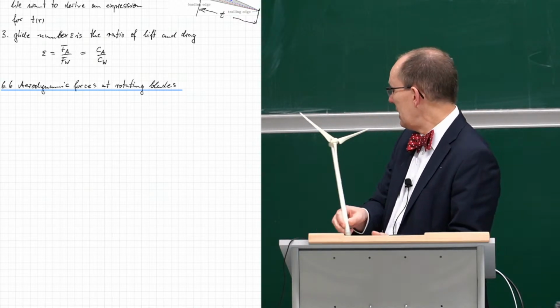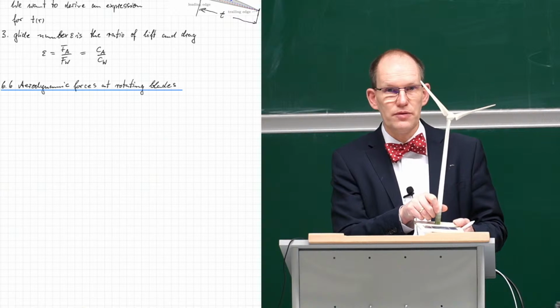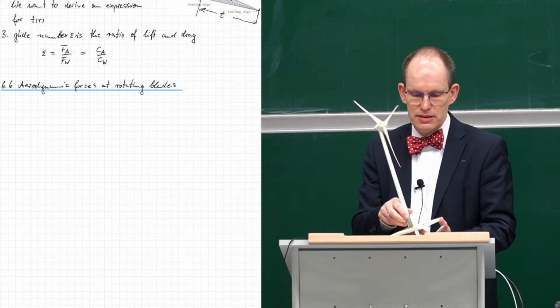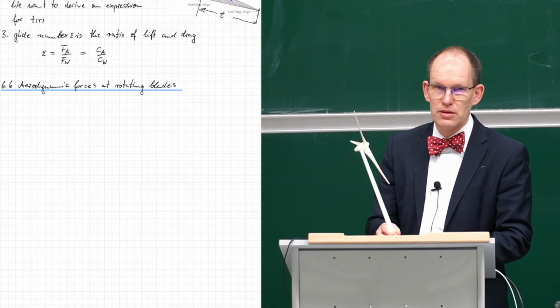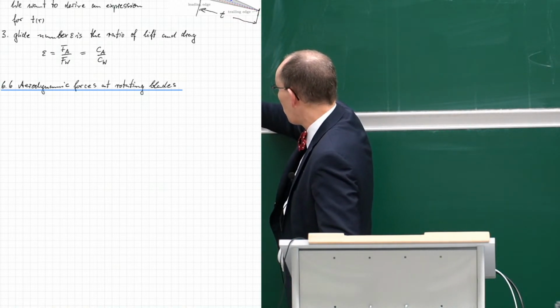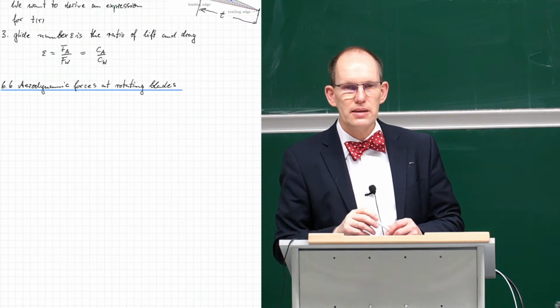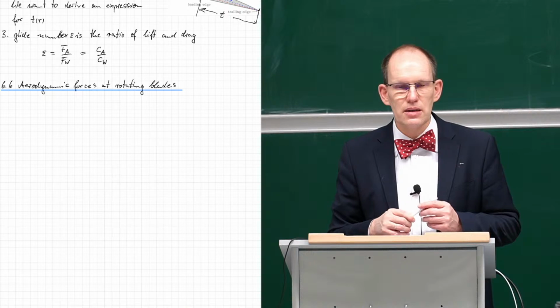By the way, it has an analog to the propeller of an airplane, and actually the physics of the propeller of an airplane was solved before the windmill was looked at, and the ideas are quite similar.